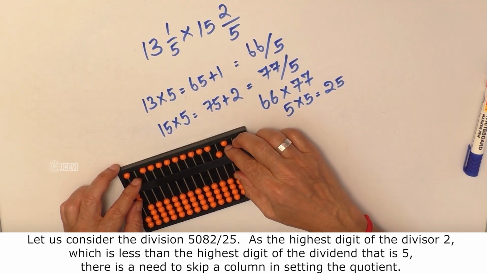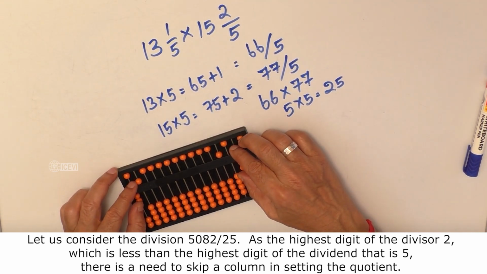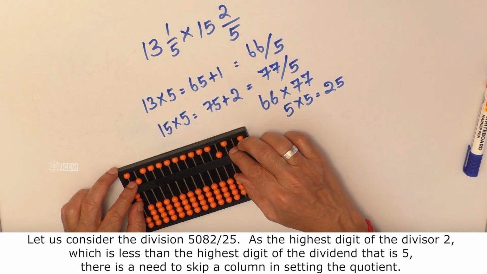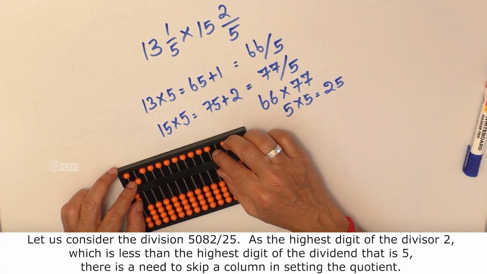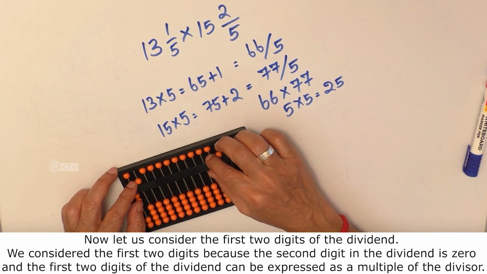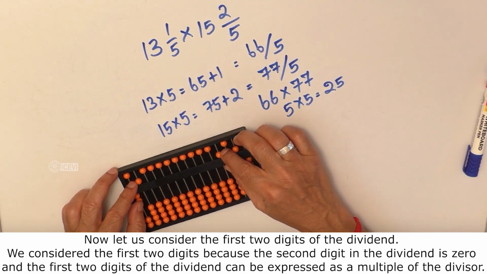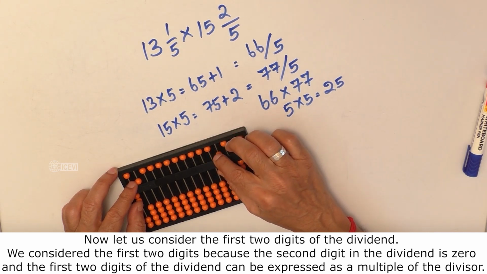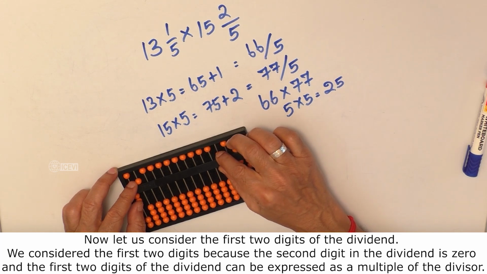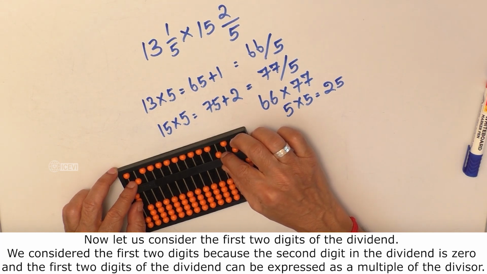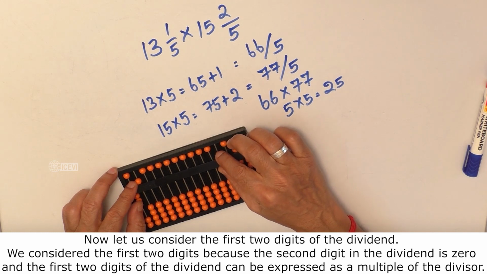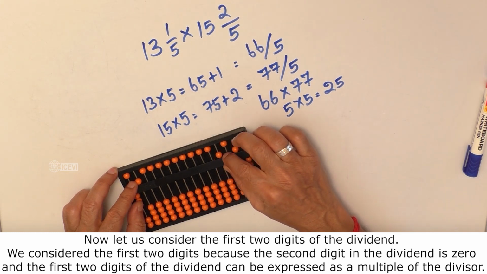As the highest digit of the divisor, 2, is less than the highest digit of the dividend, that is 5, there is a need to skip a column in setting the quotient. Now let us consider the first 2 digits of the dividend. We consider the first 2 digits because the second digit in the dividend is 0, and the first 2 digits of the dividend can be expressed as a multiple of the divisor.